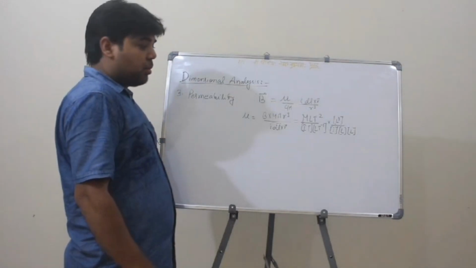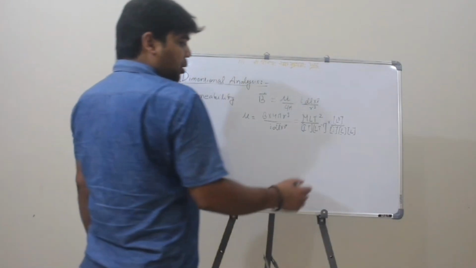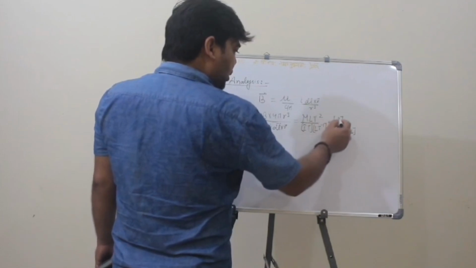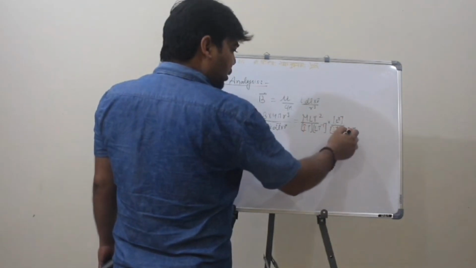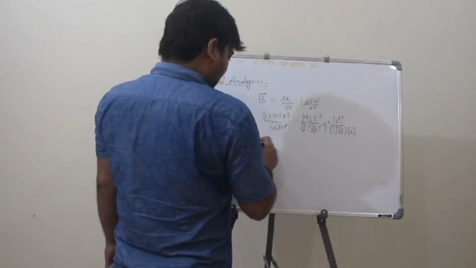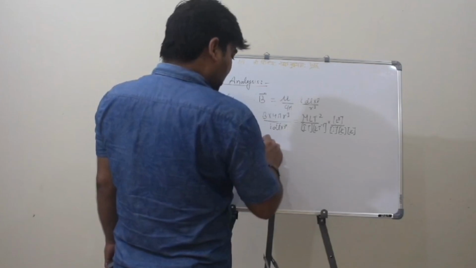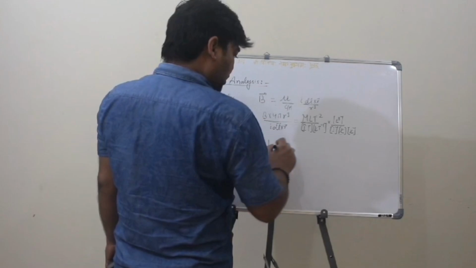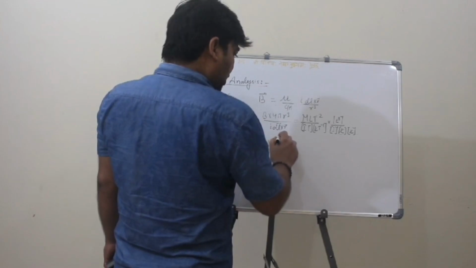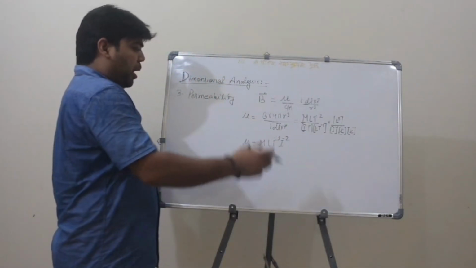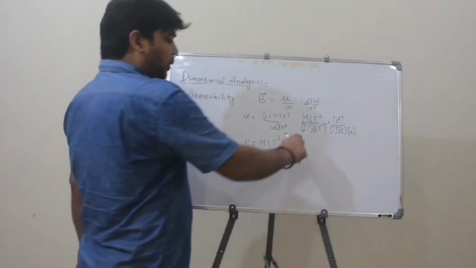So if you see, by simplifying it, what you find as the dimensional formula is, L cube is cancelling out here with L, so mu becomes M L T to the power minus 3 I to the power minus 2 as the dimensional formula of magnetic permeability. Just verify it.